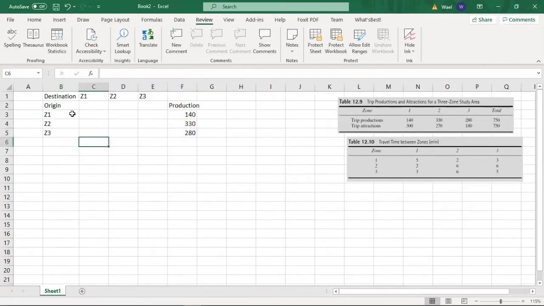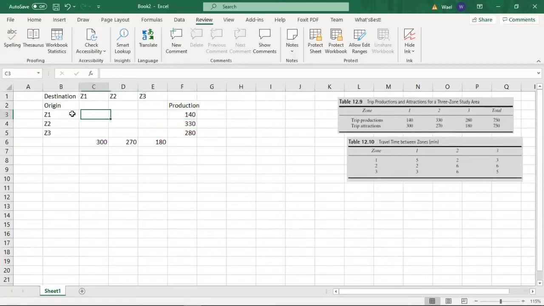For the attraction, we have at zone 1, 300, then 270, and 180. Let's make a check on the summation. So the summation is 750 for both.